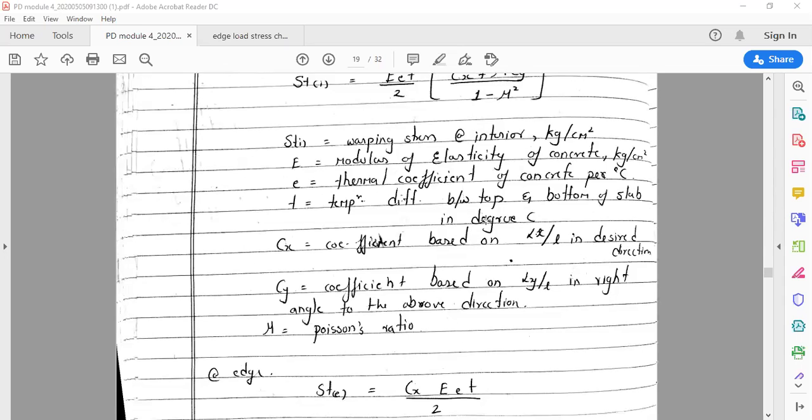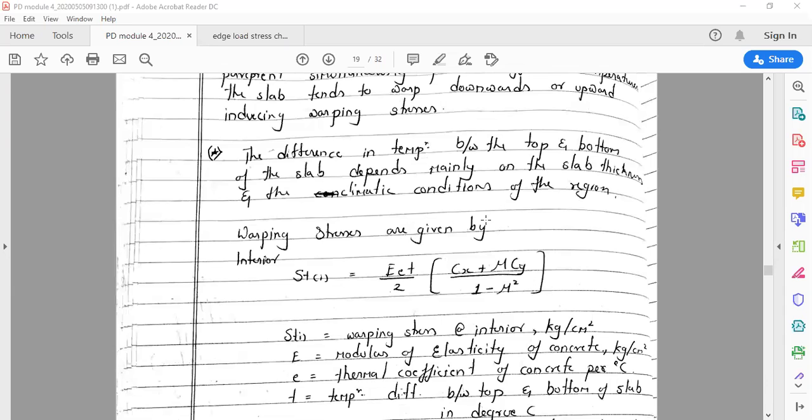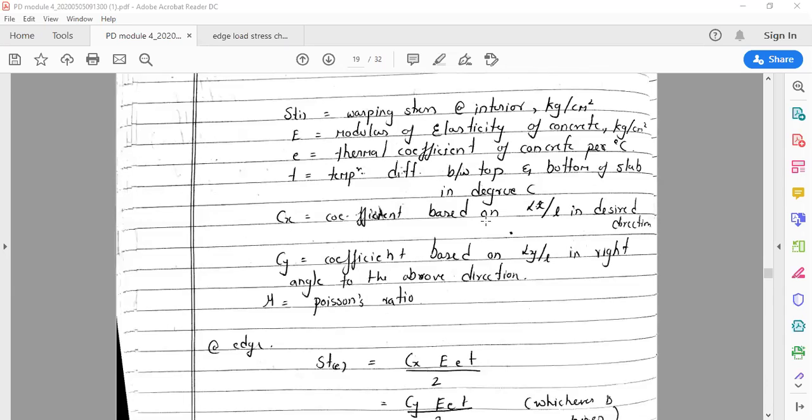So this is how we need to calculate the warping stresses for temperature. Till now we have discussed wheel load stresses by Westergaard's equation, and how to calculate wheel load stresses using the design chart. The only criterion here is we can't calculate interior stress, but we can calculate edge stress and corner stress using the design chart.